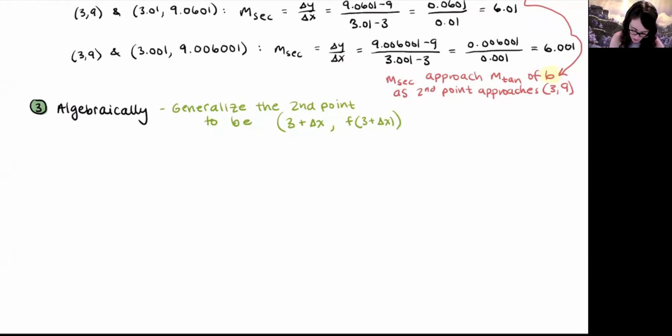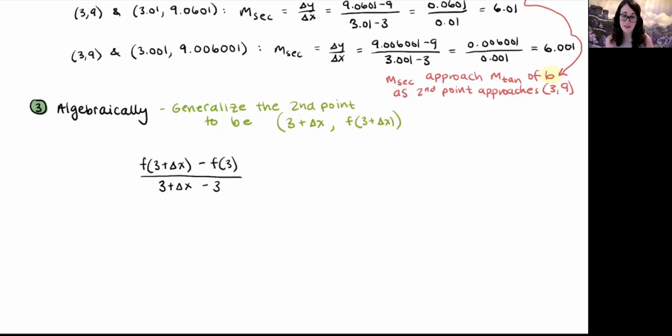So the change in y will just be f of 3 plus delta x minus f of 3. It's just the y values at the 2 points that we have. And then divided by the change in x, which will be the change in the x values. So 3 plus delta x and then minus 3.